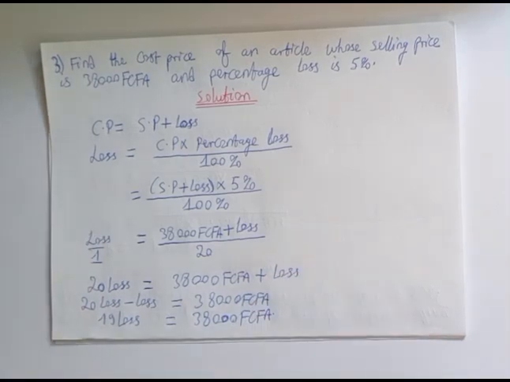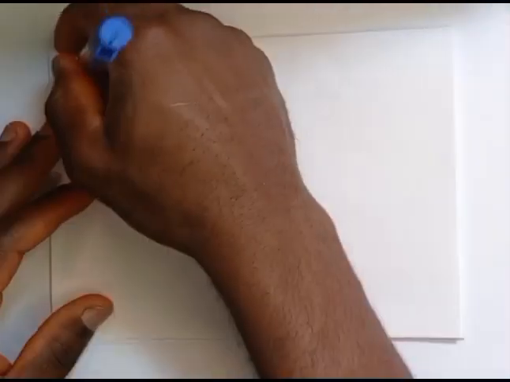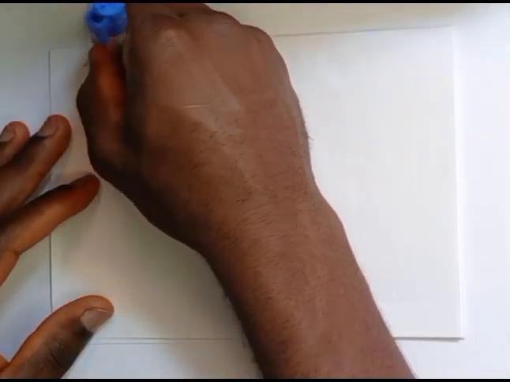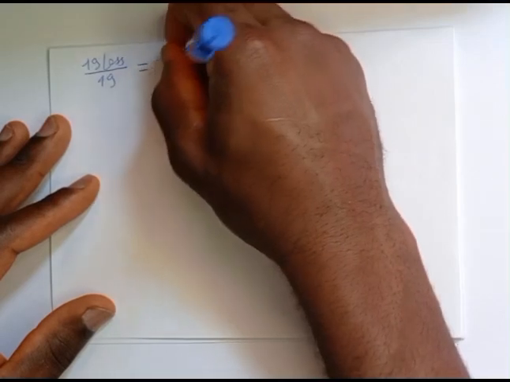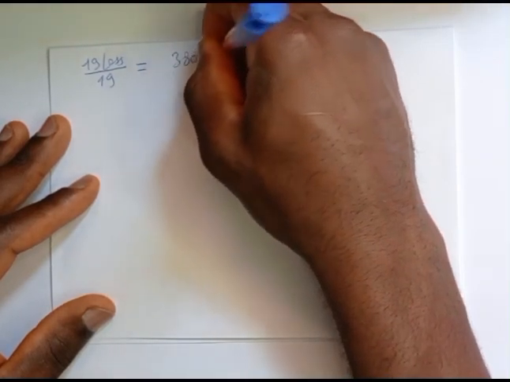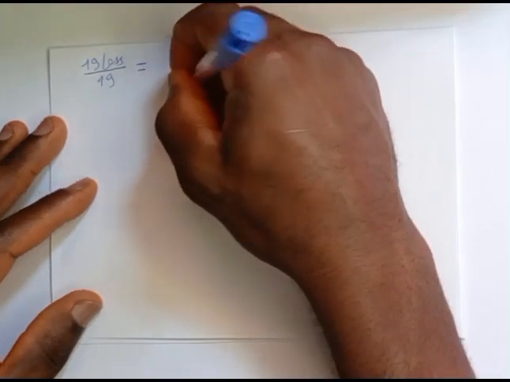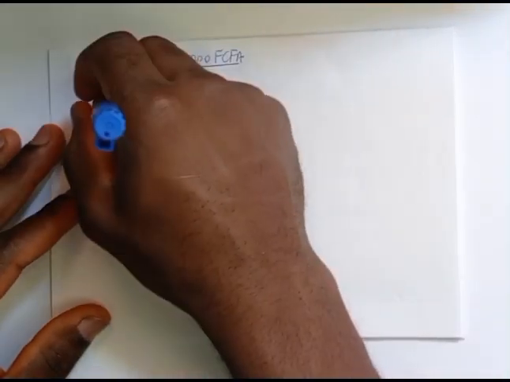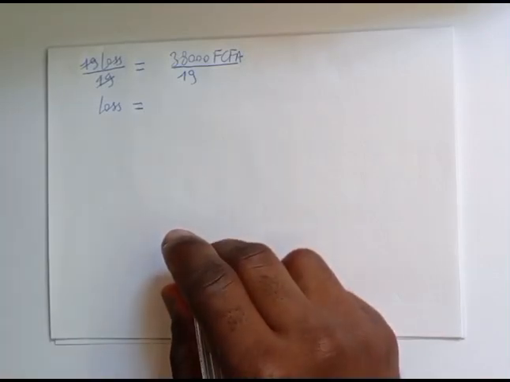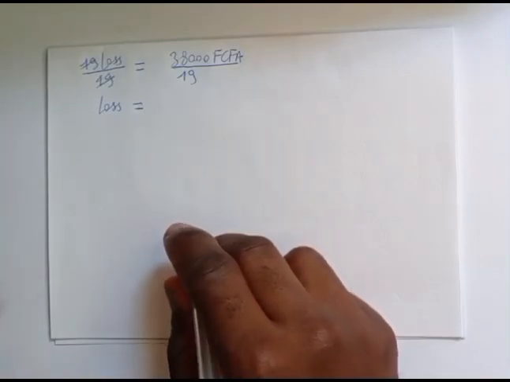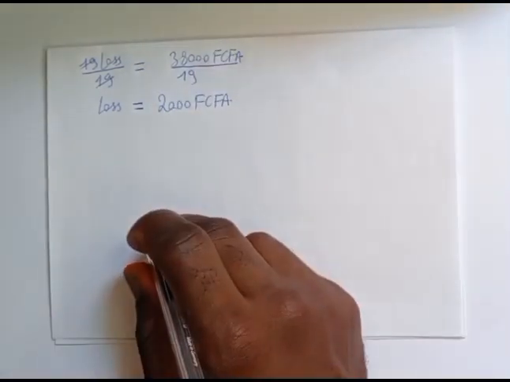Now, for us to get the loss, we are going to divide both sides by 19. 19 loss divided by 19 is equal to 38,000 francs CFA divided by 19. 19 will strike out 19. This will give us the loss to be equal to 38,000 francs CFA divided by 19 gives us 2,000 francs CFA. So this is the loss.